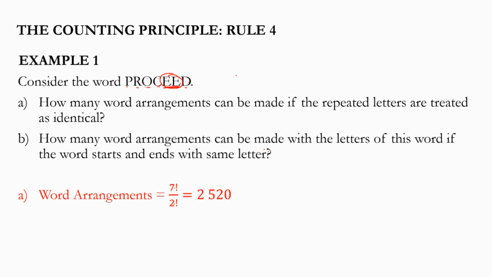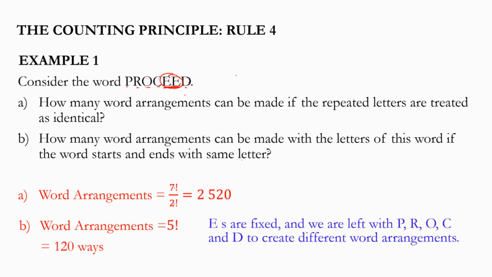Right, let's get question B. How many word arrangements can be made with the letters of this word if the word starts and ends with the same letter? It means it should start with E and end with E. These 2 letters are fixed, one at the beginning and the other at the end. So we have 5 factorial. Why 5 factorial? The E's are fixed and we are left with P, R, O, C, and D to create different word arrangements. We have 7 positions.